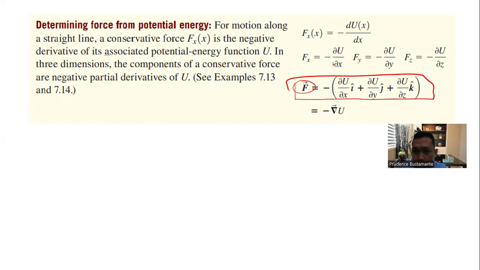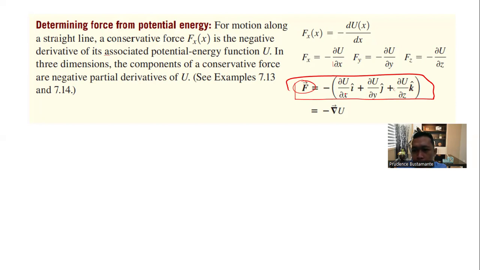But in three dimensions now, what you're going to do is get the x, y, z components of your force, which is equal to negative the partial derivative of U with respect to x i hat, partial derivative of U with respect to y j hat, partial derivative of U with respect to z k hat.